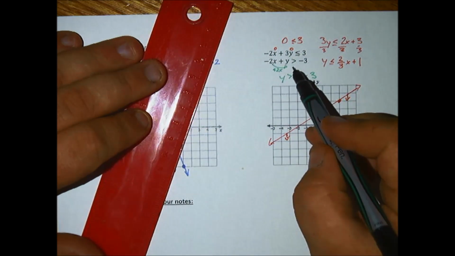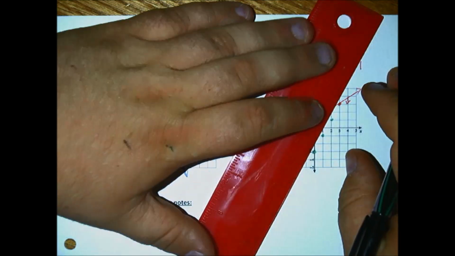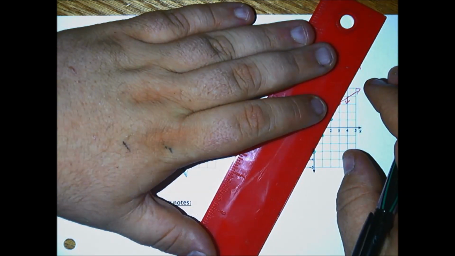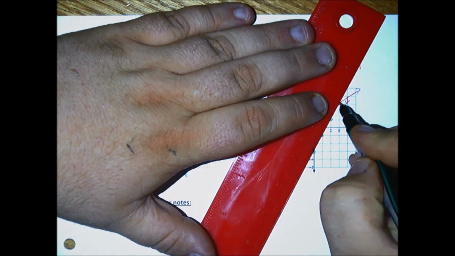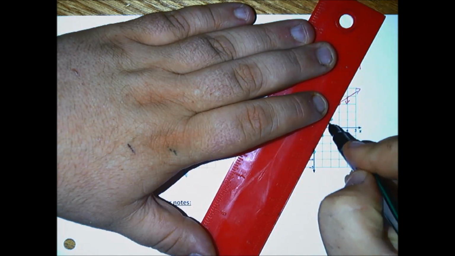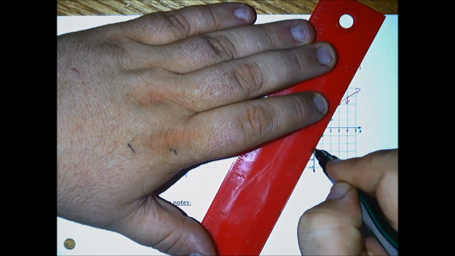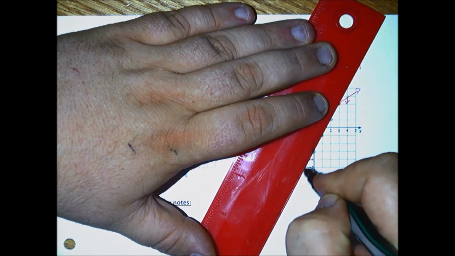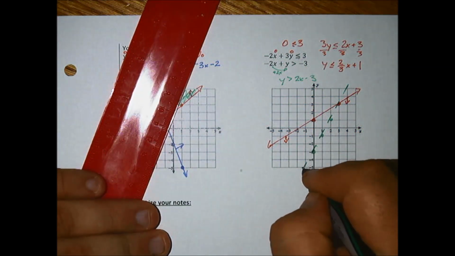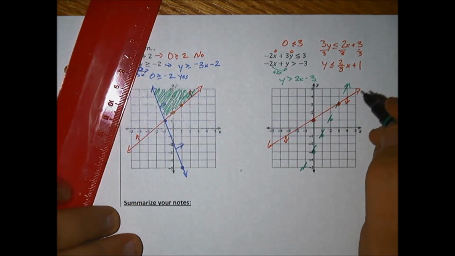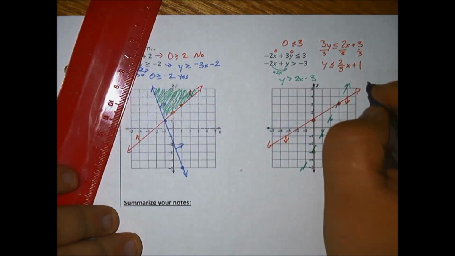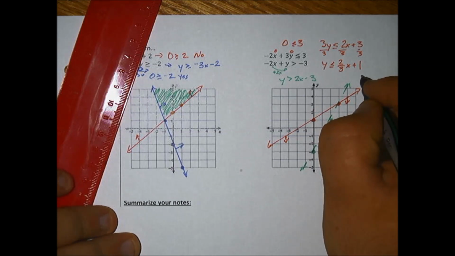Real quick, that's a dashed line. Okay, make sure you're paying attention to that stuff. You don't want to get a problem wrong because you made it solid instead of dashed. Or you don't want to have to be creative and come up with a way to change solid into dashed either. Okay, I kind of missed my points, but it's okay. I get the idea. All right, I'm going to rewrite my test over here.